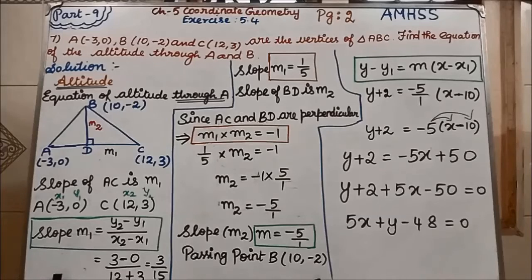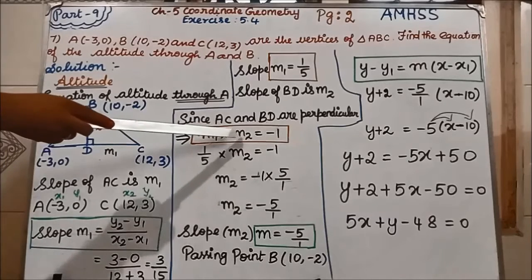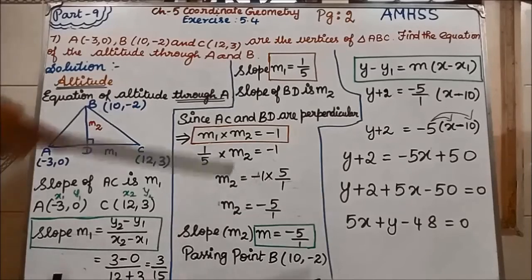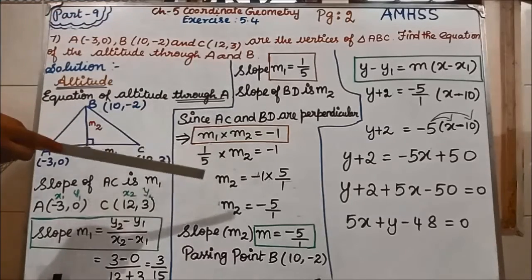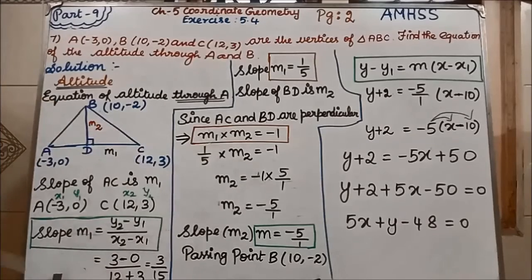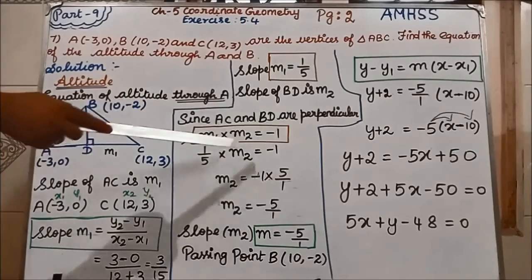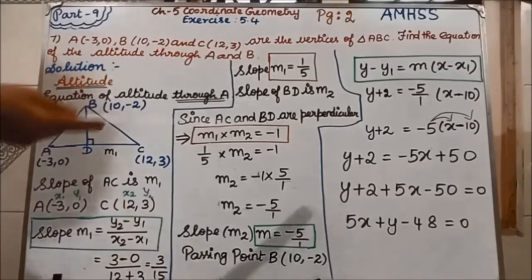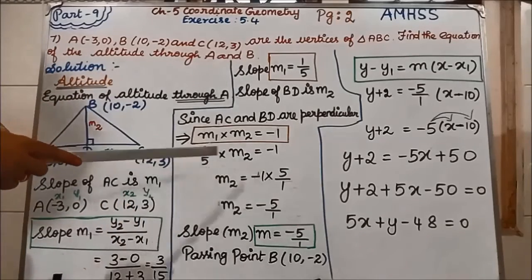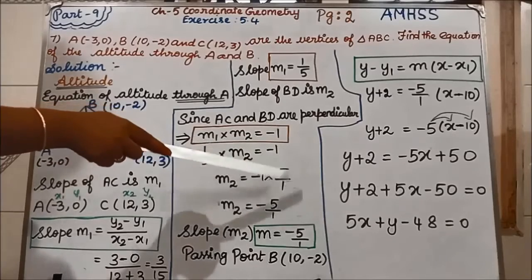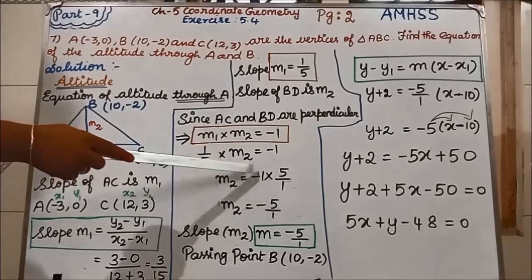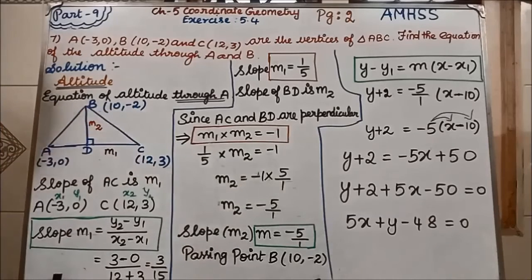The perpendicular formula is m1 into m2 is equal to minus 1. m1 is 1 by 5, m2 we don't know, equal to minus 1. If 1 by 5 goes to that side, it becomes the reciprocal, 5 by 1. So m2 is equal to minus 1 into 5, which is minus 5 divided by 1.